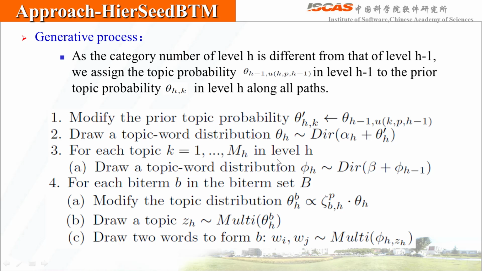Third, for each topic K in level H, draw a topic word distribution phi H through a Dirichlet distribution. Fourth, for each biterm B in the biterm set, modify the topic distribution for B with zeta PB and zeta. Draw a topic Z through a multinomial distribution. And finally, draw two words Wi and Wj through a multinomial distribution to form biterm B.